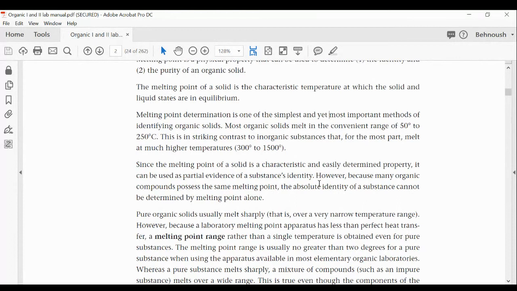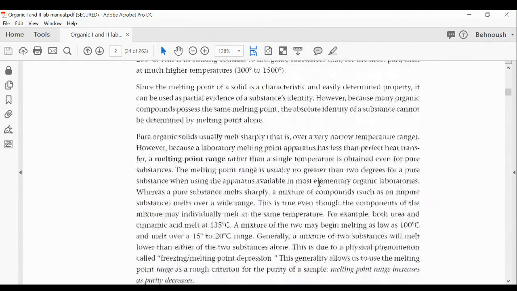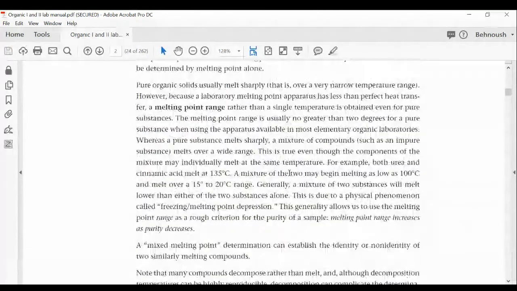You can right away say if your compound is pure or is not pure. So melting point range. Please pay attention to the melting point range. It is the time that you see a few crystals melting until the entire sample has melted. So you don't want to lose track of the melting.